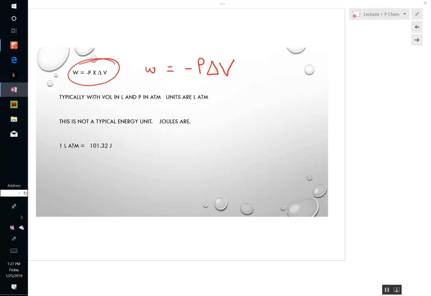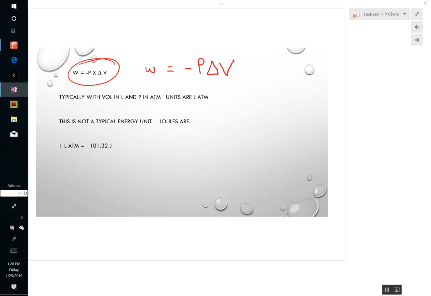So if 15 pounds per square inch is 1 atmosphere, that's about 100 atmospheres. Those tanks are holding about 100 atmospheres of nitrogen or oxygen or helium, whatever's in the tank. It's going to be released into 1 atmosphere of pressure, so that 35, 40 liters of gas is going to become so many liters. And so the pressure times the change in volume is the amount of work that that cylinder can do. Can do a lot of work.